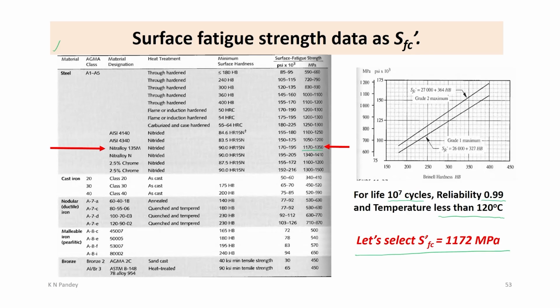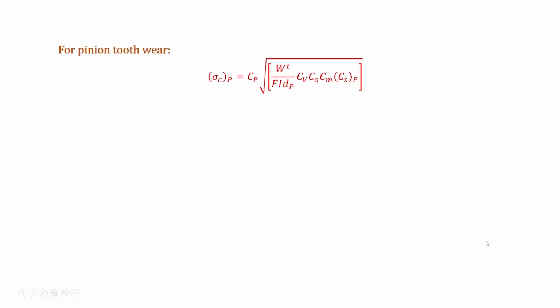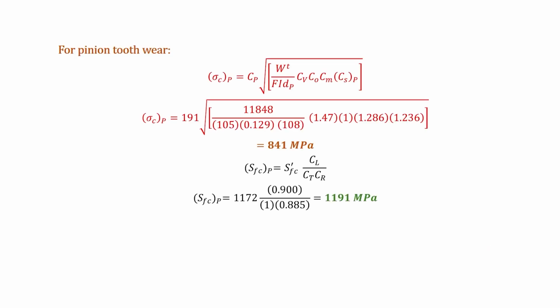Let us select surface fatigue strength uncorrected based on these values as 1172 megapascal. So it is corrected to get the actual value corresponding to our life equal to 10 to the power 9, reliability equal to 95 and temperature less than 120 degrees centigrade.